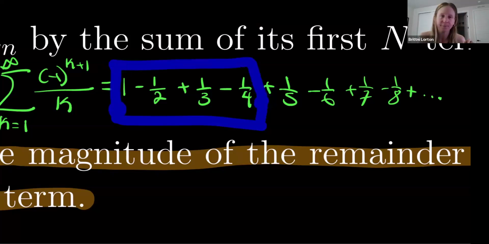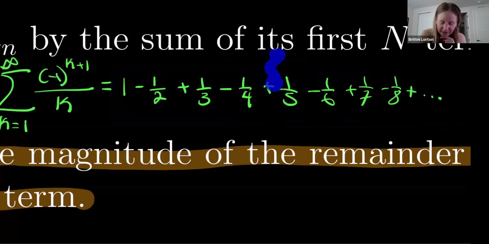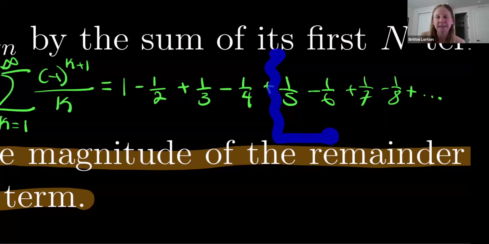I'm going to add up the first 4. That means that everything else is the remainder or the error. So let's look at everything else for just a second. Everything else, that remainder, is 1/5 minus 1/6 plus 1/7 minus 1/8.